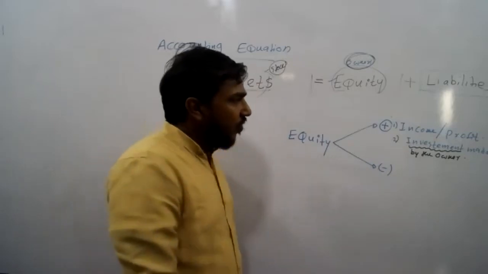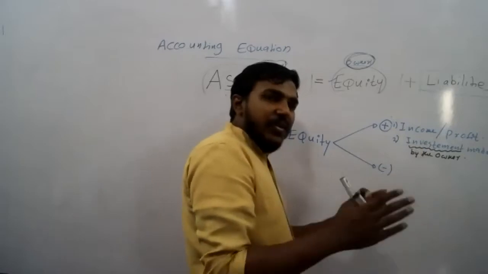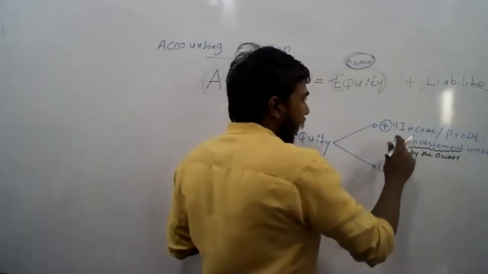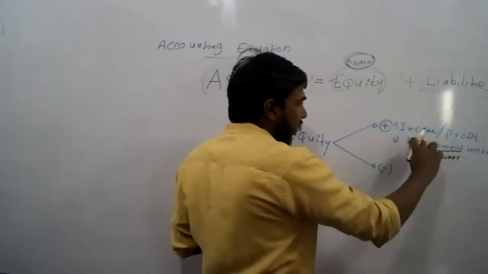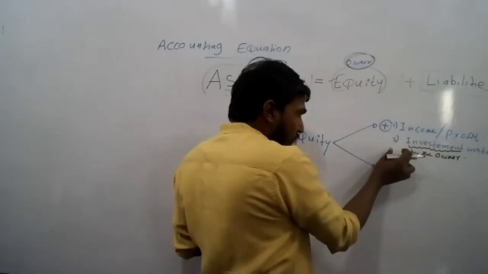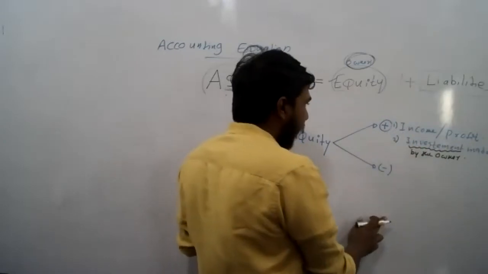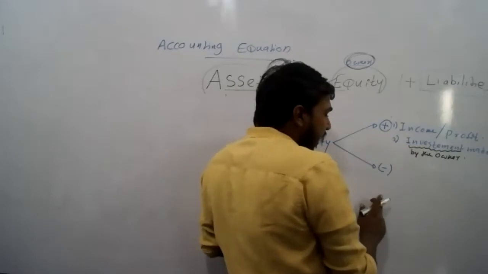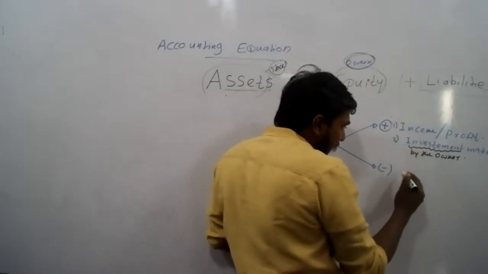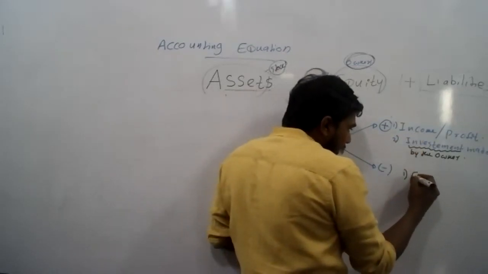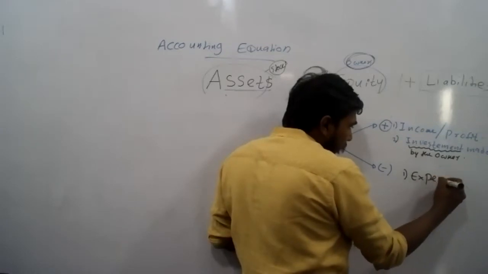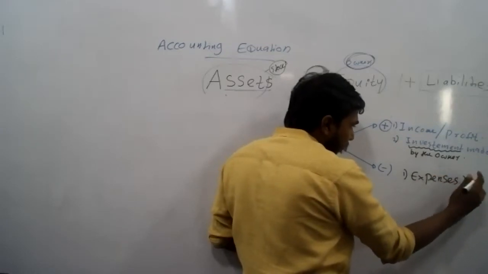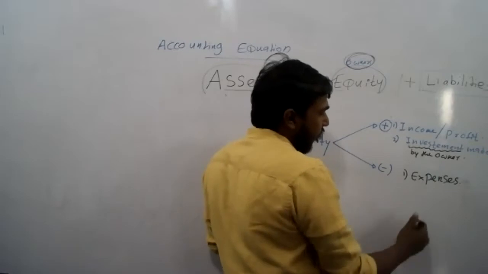So any assets would be the investment. Any income or profit added for equity, investment made by the owner, because of that, equity would be increased. Then equity would be decreased. Opposite of the income is what? Because of the expense.